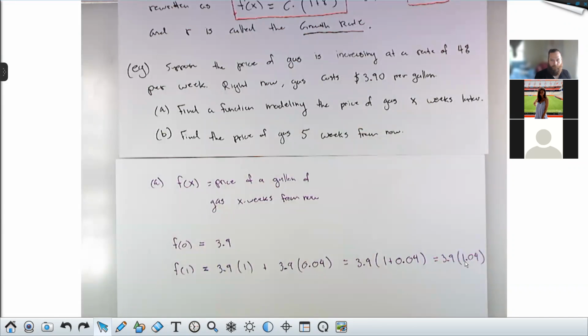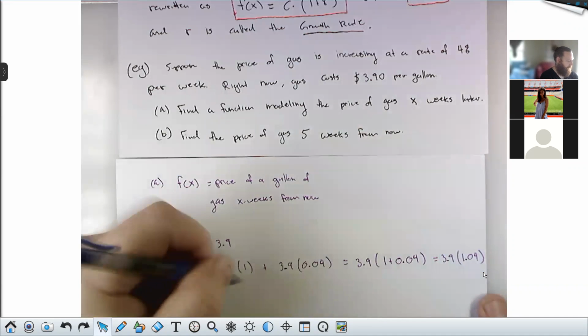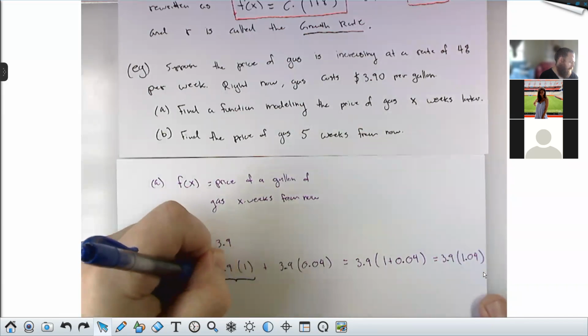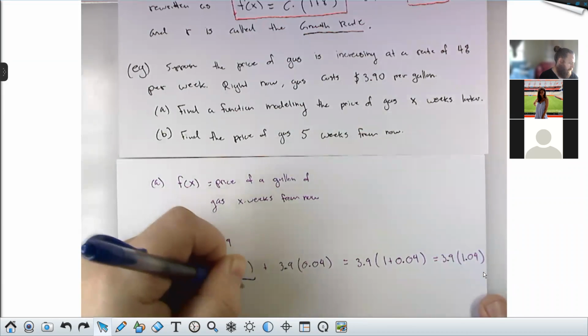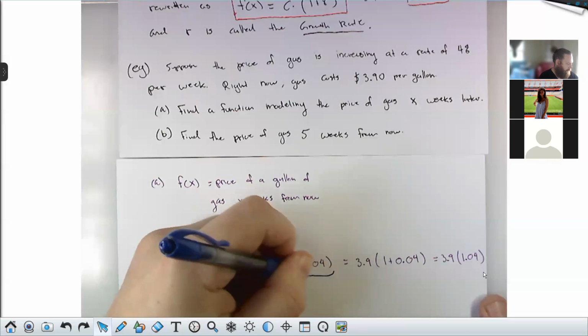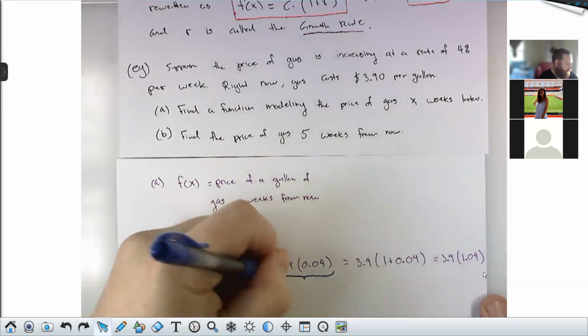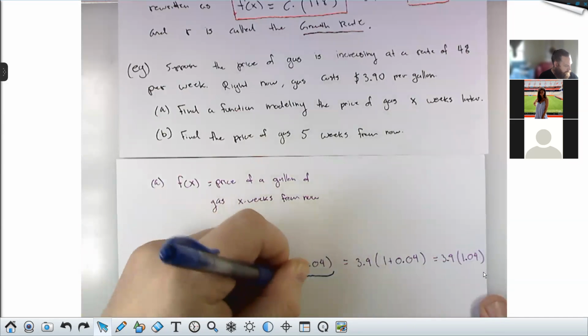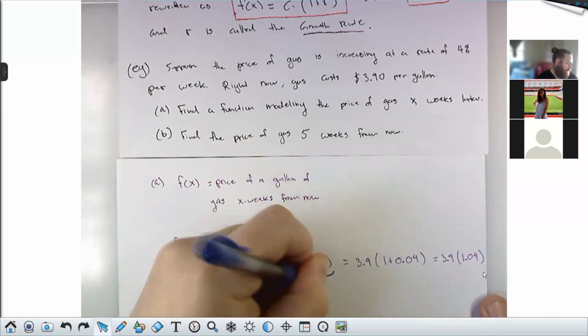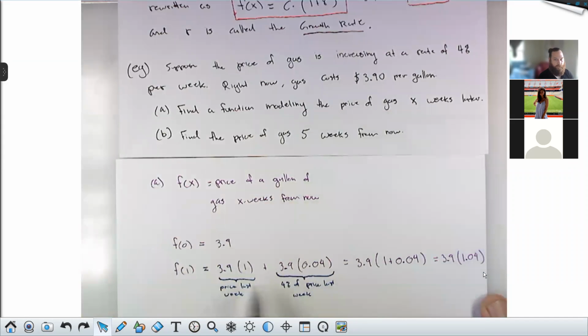Does everybody follow how I arrived here? This is the price last week. This is the 4% of the price last week. So I add these together to get my 4% growth, right?